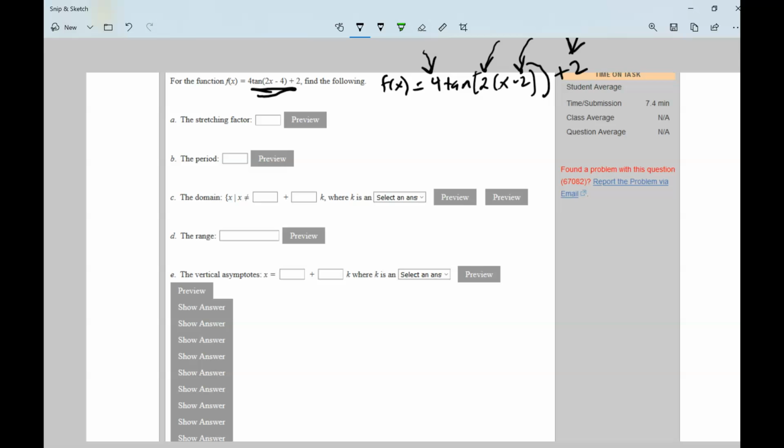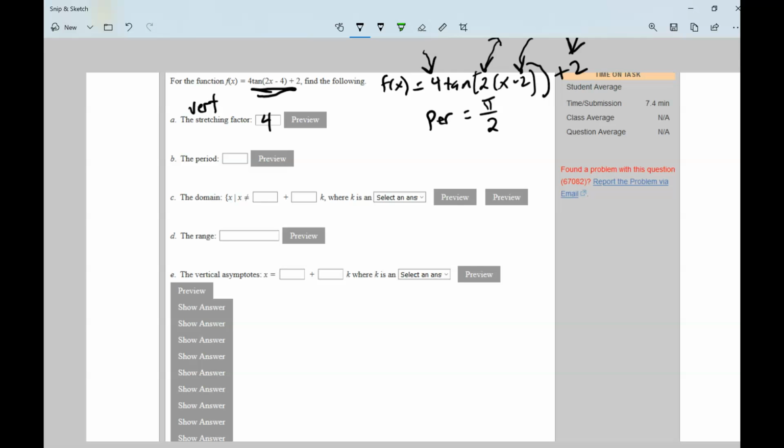The first question, A, says the stretching factor. That's a little bit unclear because you could stretch it vertically or horizontally, but when they say stretching factor, they mean the vertical stretch factor. And that would just, of course, be the number out front, which would be 4. Part B says the period, and we all know that because it's tangent, the period is pi divided by the frequency, and there's the frequency right there.